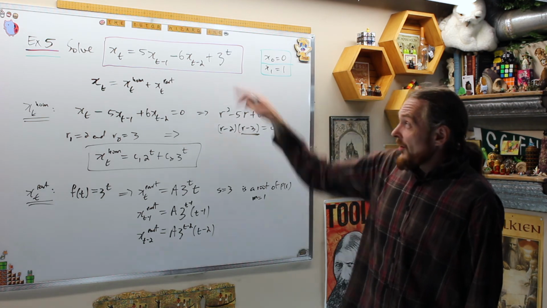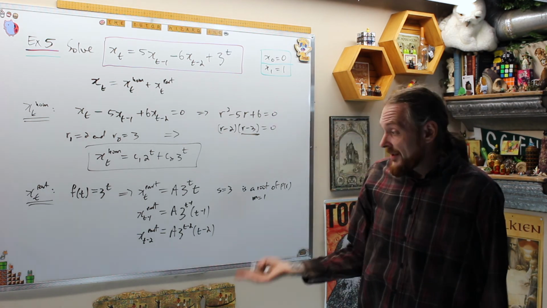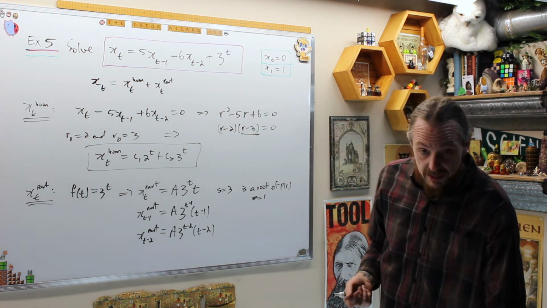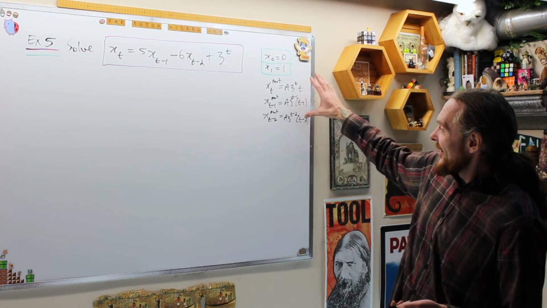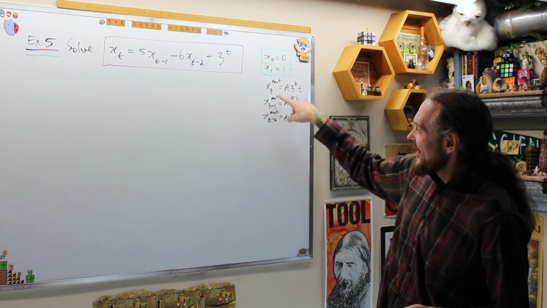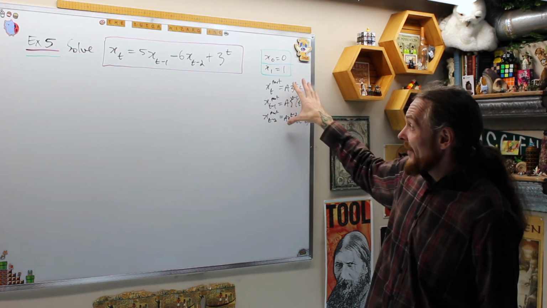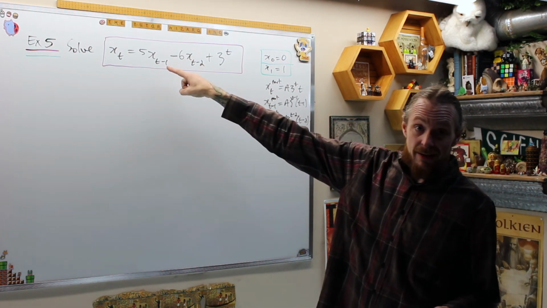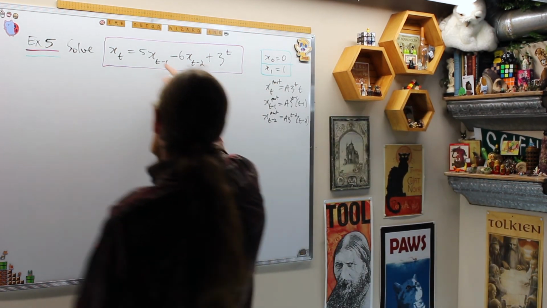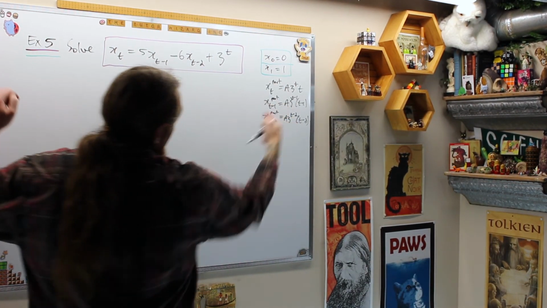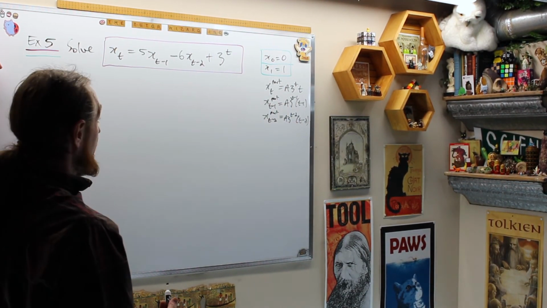We have to put that all back into here and simplify it. So let's move that up and simplify our equation. All right, moving that up, this is what we get when we plug in the t minus 1 and t minus 2 for our guesses. Therefore, we have to put these back into here. What I'm going to do is bring these two to the other side and then solve for a. What do I get?